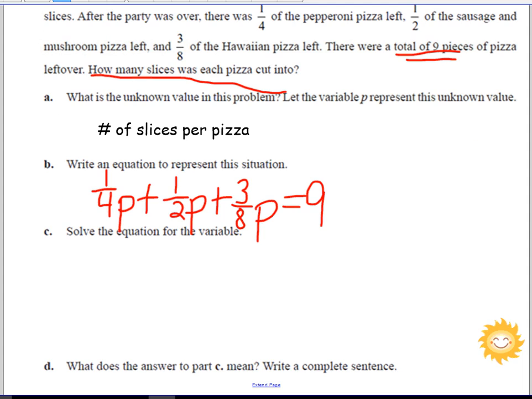So there's a couple different ways that you can do this. First, you could multiply everything by the least common denominator, which in this case would be 8, to get rid of fractions. Or you could look at getting a common denominator and just adding them up that way. And that's what I'm going to do, is just to rewrite it.